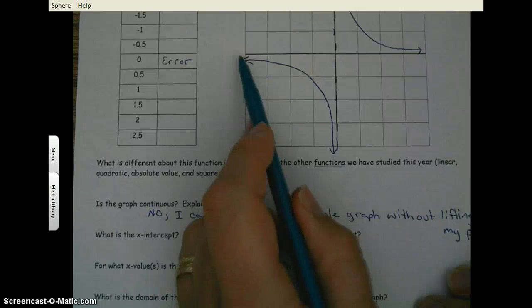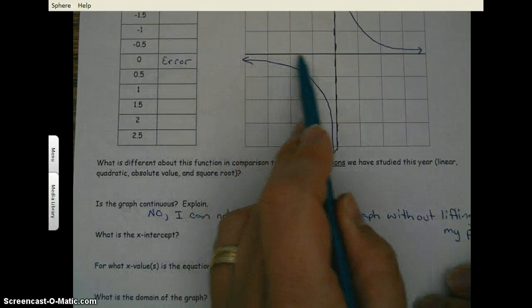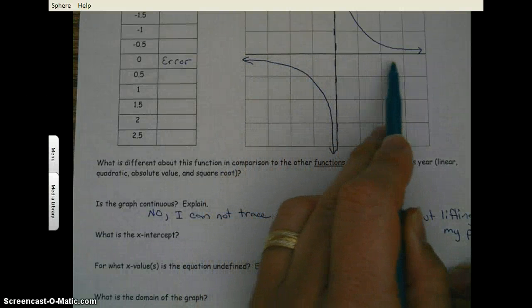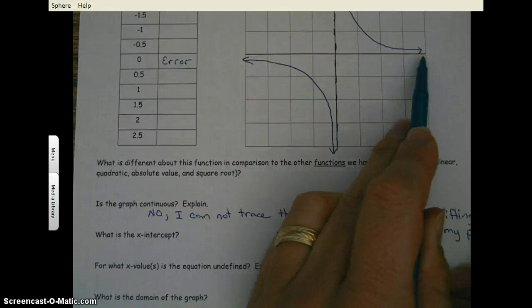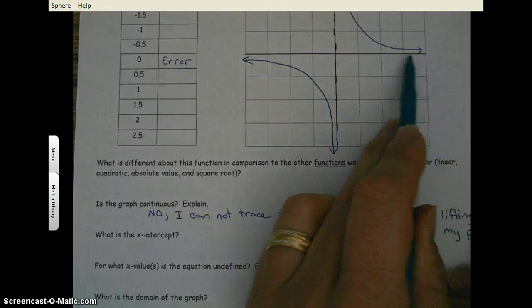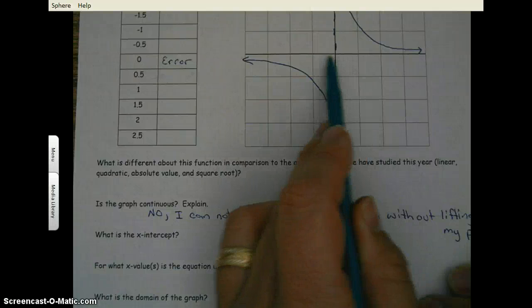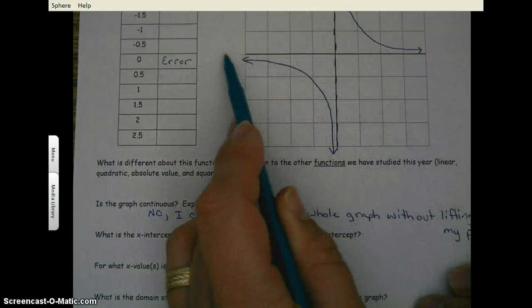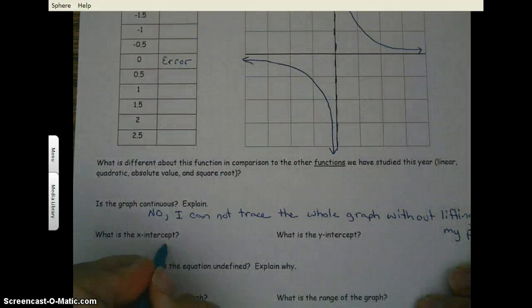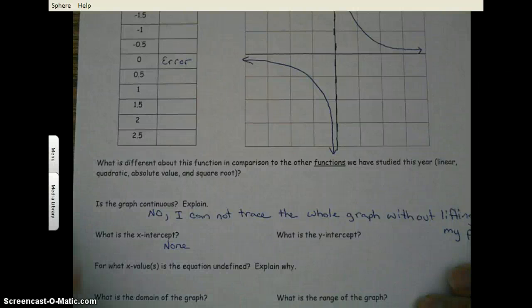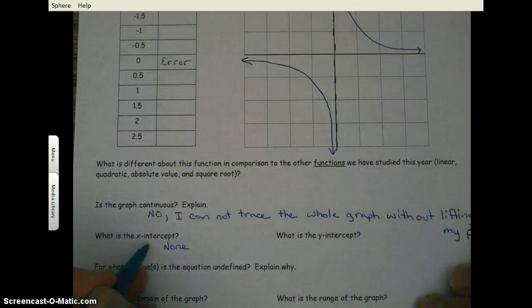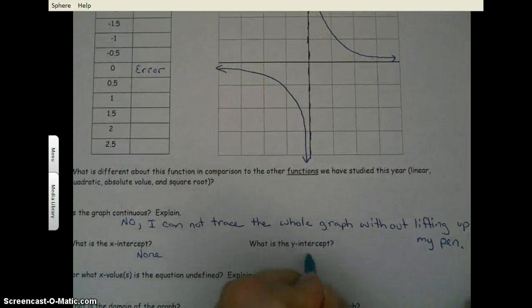Well, if you look on this x-axis, notice the graph does not seem to cross it, which means that there's probably a horizontal asymptote right here. So there is not an x-intercept for the parent function. How about the y-intercept? Again, there is none.